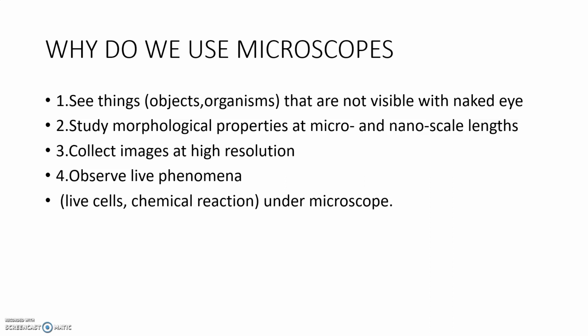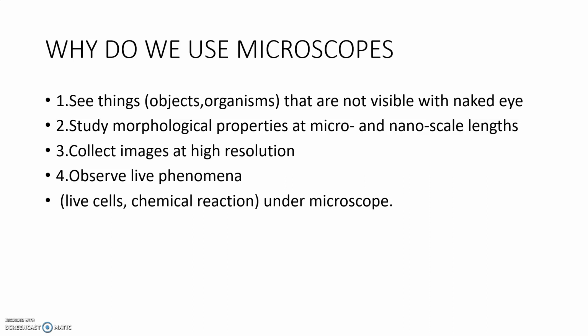And also we use microscopes to study the morphological properties, that is external characters, of microorganisms at micro and nanoscale length, to collect images at high resolution and to observe live phenomena. That is, using microscopes we can observe live cells and chemical reactions.